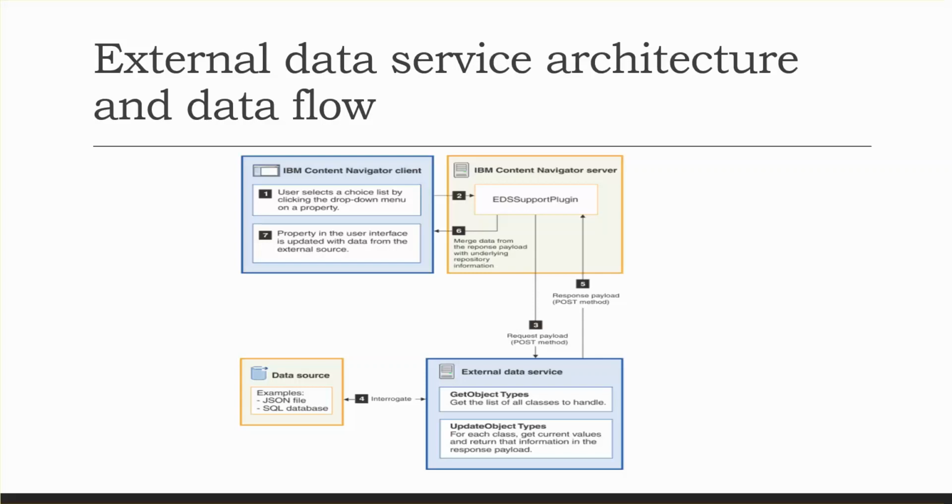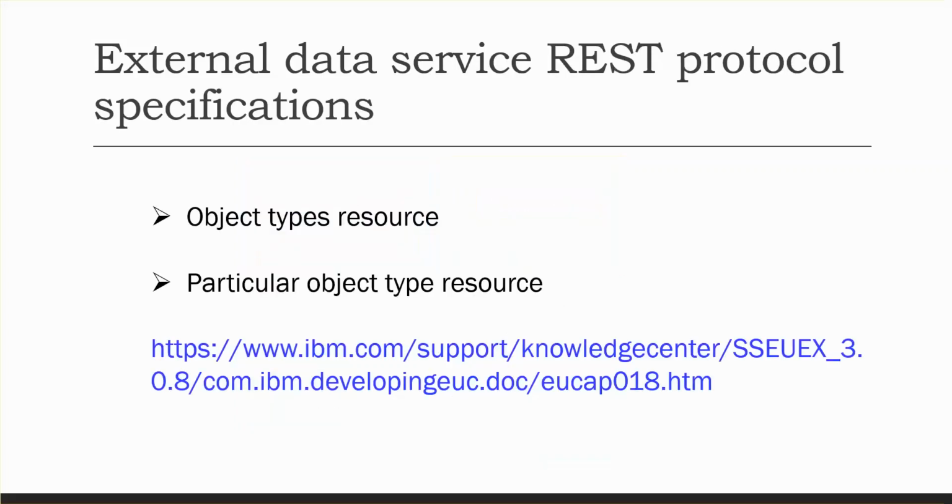Let's move to the next topic, EDS Register Protocol Specifications. You will understand the specifications for the object type request, the particular object type request, and the response that you need to create for each request. The object type resource represents the classes, item types, workflow step processors, or workflow inbasket filters to get for the external data service.